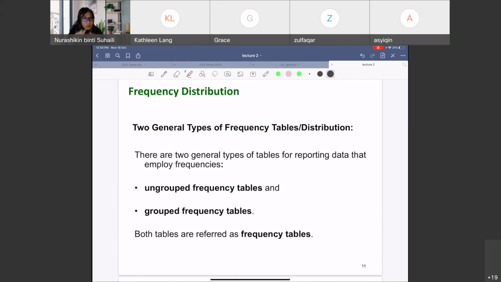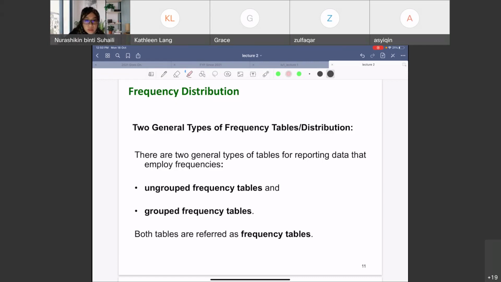The whole data, from the lowest to the highest point, the whole range, we call it distribution, the whole overview of it. So the frequency distribution is the overview of the whole data, how many times it occurs at this point, at this point, at this point. That's what we call frequency distribution.